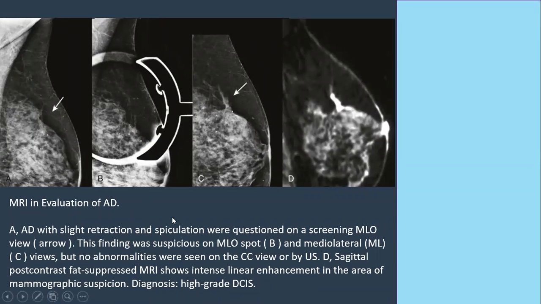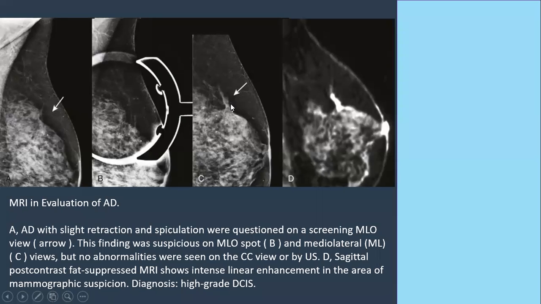The area of retraction and spiculations is seen in the MLO single view, not seen in the other view. The finding is suspicious on the spot, but was not seen in the CC view. No abnormalities in the CC view or ultrasound. And this is a true lateral view, demonstrating the abnormality, which is also suspicious.